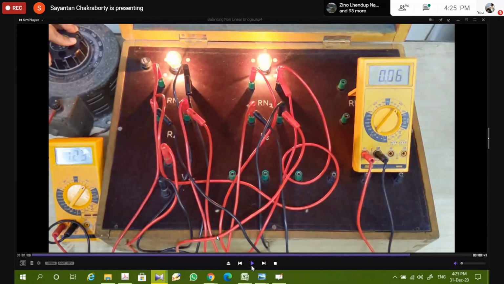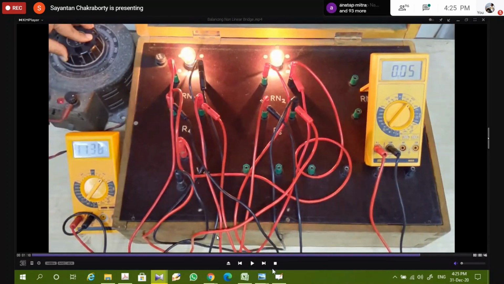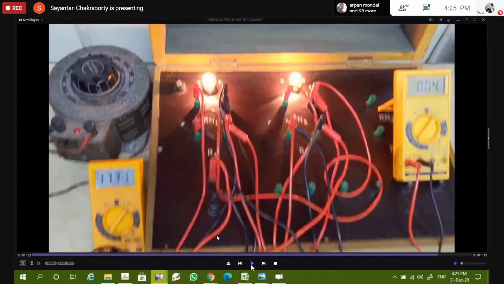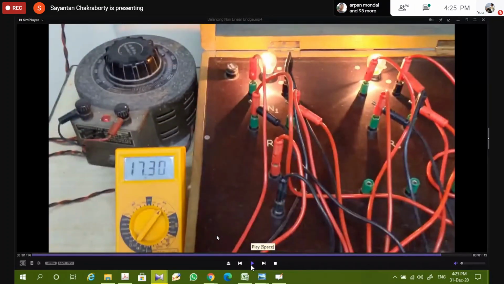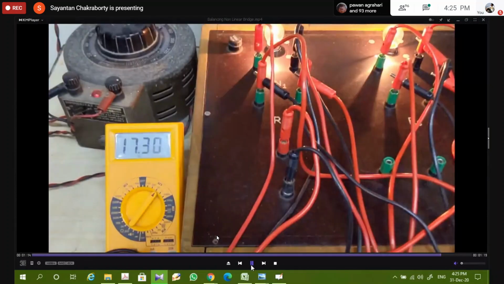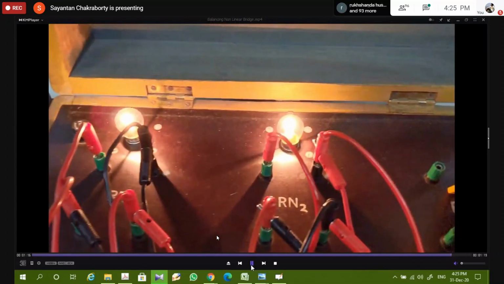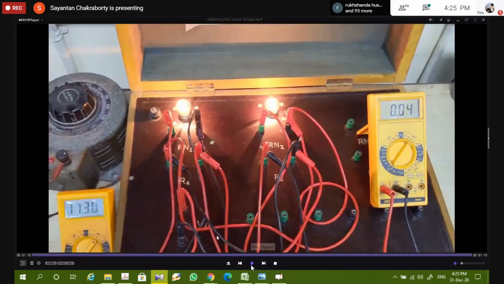Ultimately, at a particular input voltage after a considerable amount of time, we obtain a balanced condition of the bridge. It is 17.30 input voltage under balanced condition. The lamps are in full glow, and the output voltage is approximately 0.04.